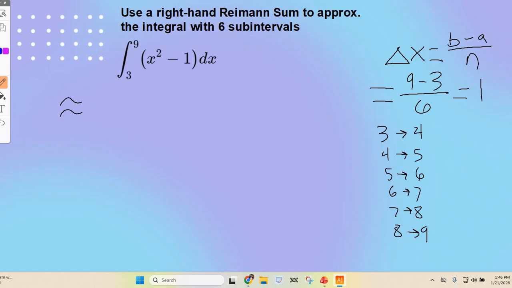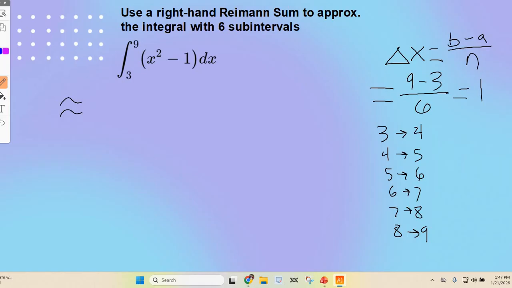I'm using 4, 5, 6, 7, 8, and 9. Okay. And remember, how do I find my heights for each of those then? Plug it into our function or our equation, which this time is the inside thing. Yes, no, maybe? So it's still the same process, it just looks a little bit different because they gave it to us in an actual interval.